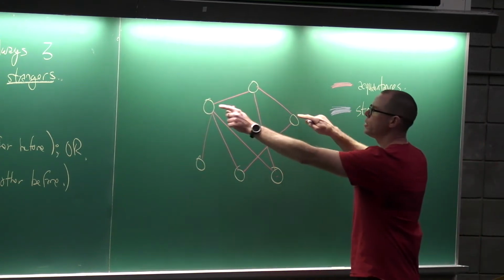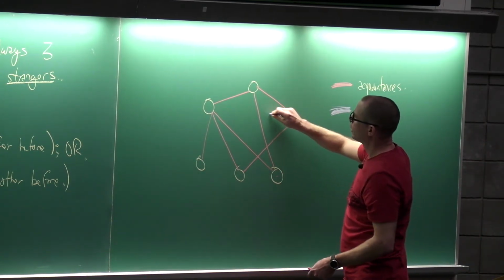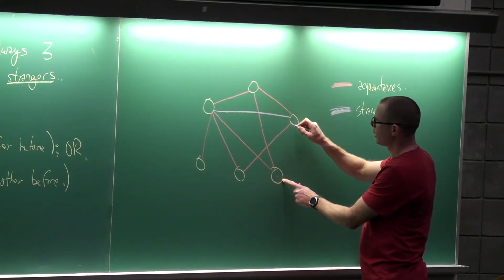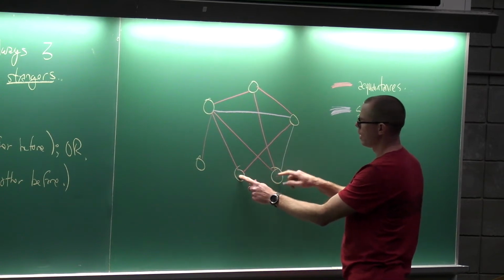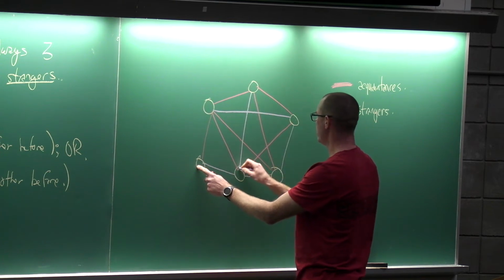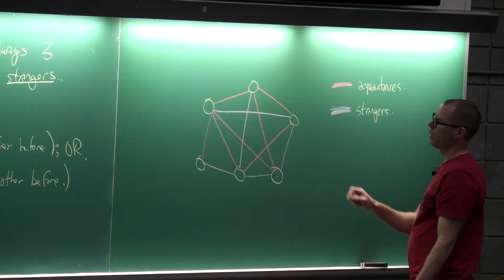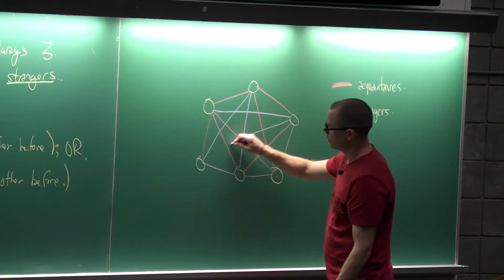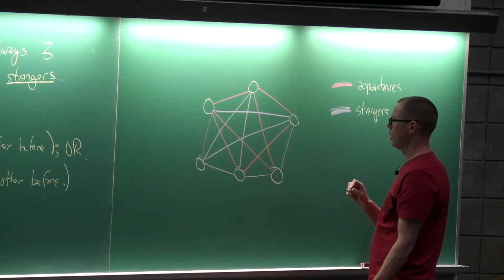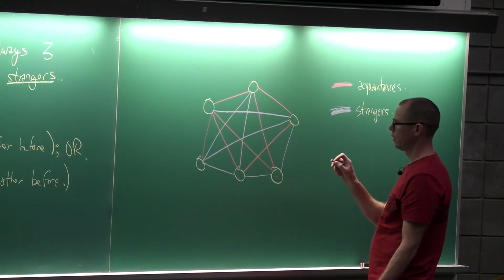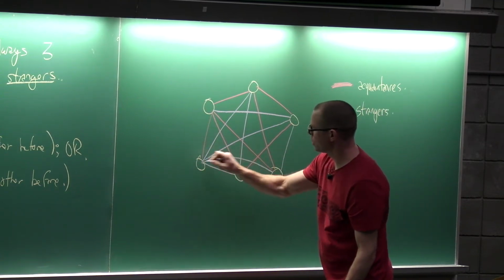So this pair is not acquainted, therefore they're strangers. This pair is not acquainted, therefore they're strangers. This pair is not acquainted, therefore they're strangers. Strangers, strangers, strangers, strangers, and 1, 2, 3, 4, strangers.